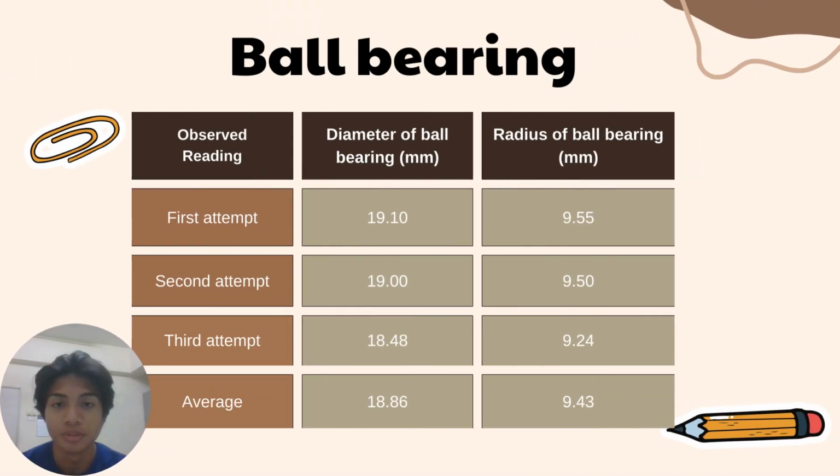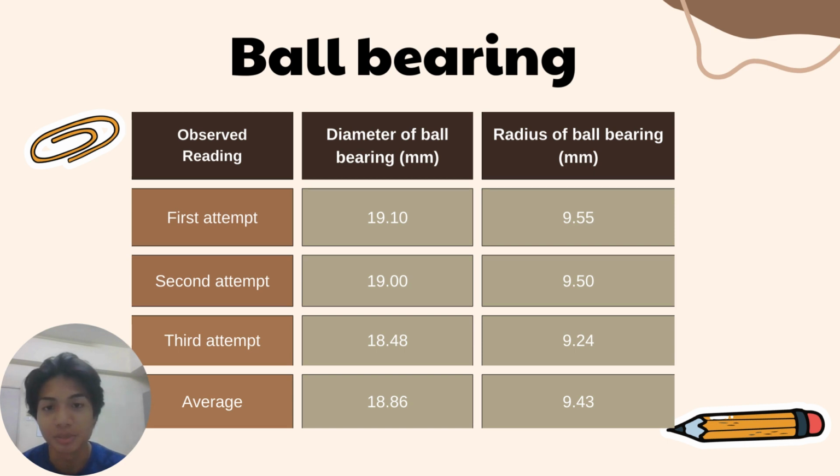For the observed reading of the ball bearing, on the first attempt, we get a diameter of 19.10 and a radius of 9.55. On the second attempt, we got a diameter of 19.00 and a radius of 9.50.